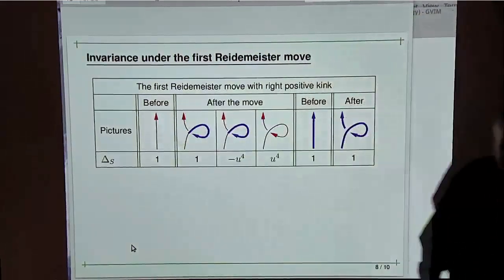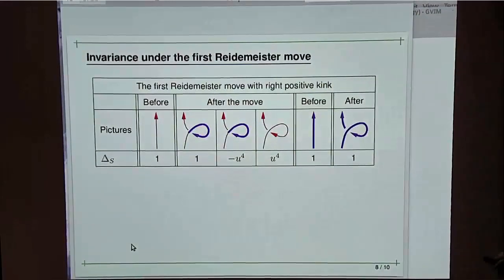So if we start with a bosonic string like this, going up, we can have a shunt in this point, or no shunt at all. And for each case, we can find the contribution of the corresponding part. And you see that these two contributions eat each other, and this one is the same as there.